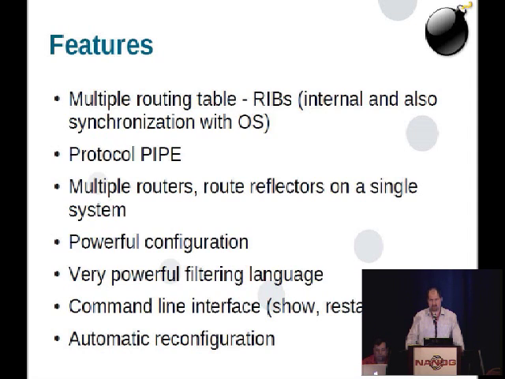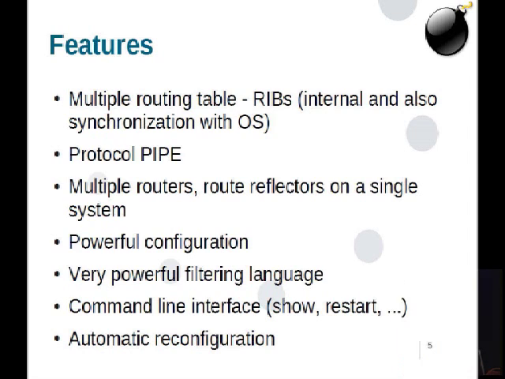That means that BIRD can be used, and is designed, to work as multiple routers, router factories on a single system. So you may run more instances of the BGP protocol, OSPF protocol on a single machine, and you can really freely decide how you want to synchronize the routing tables among those protocols.